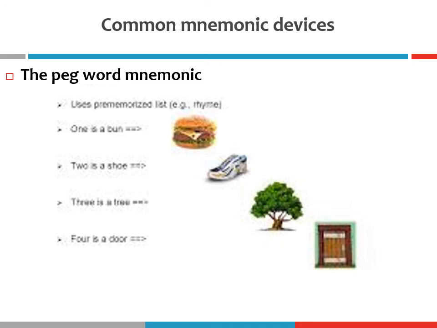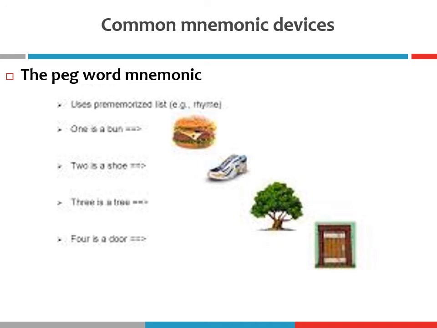So as you guys saw in the video, if we're trying to learn lamp, we can imagine a lamp heating a bun. If we're trying to remember fire for number 3, and 3 is a tree, we'd imagine the tree on fire, etc.